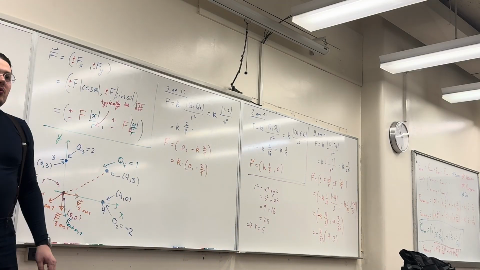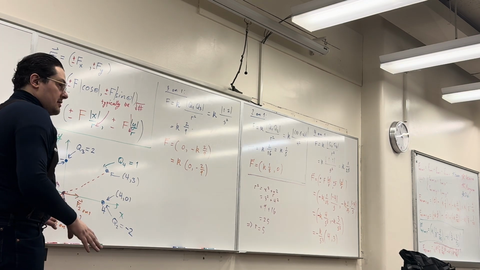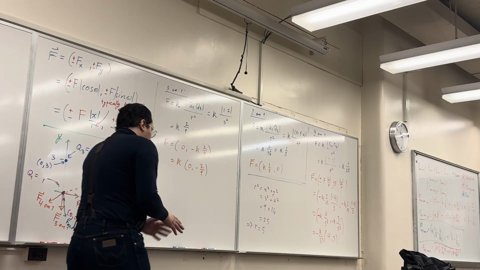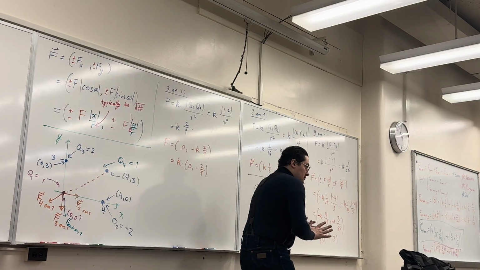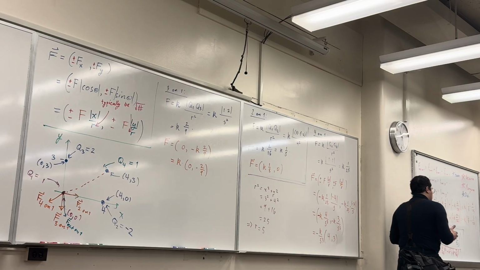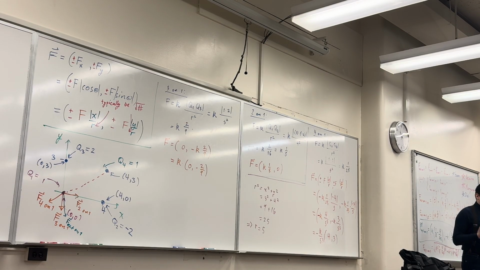All right, so we used energy, right? We used energy. We didn't use forces. Now, there was a problem with using energies, namely that in order to use them, the energies don't tell you which way the particle is going to go. You had to know which way the particle would go. The energy would just tell you when you got some distance along that path, how fast it would be going.